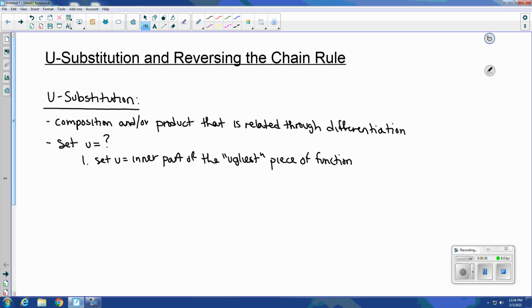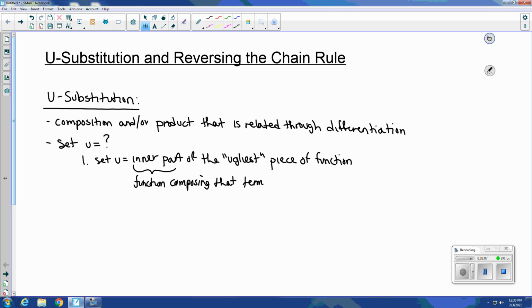So determine, of the pieces that form this function in the integral, which one's the ugliest, or which one's the most complex? Set u equal to what's inside of that, the function composing that term. Okay, that's a very good place to start.